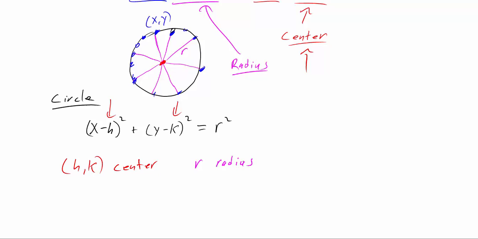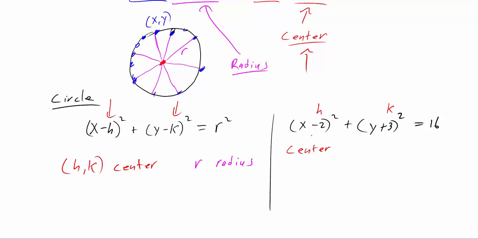the radius. So if we had the following example over here, let's say that we had x minus 2 squared plus y plus 3, the quantity squared, is equal to 16. So if we want to identify the center of this circle, we could identify h and k.